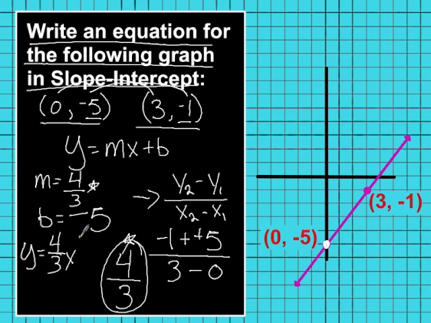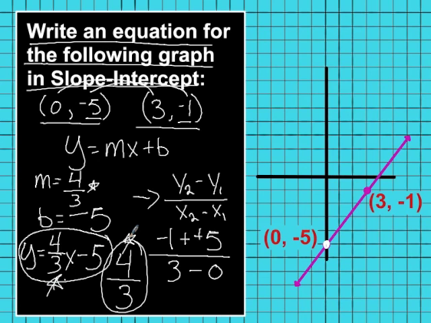It's -5, so from the last video also, we write minus 5 instead of plus 5, because it's a negative. And that gives us our equation. Everything that we did before, finding the points, finding the slope, finding the y-intercept, ends up with us being able to create this equation.